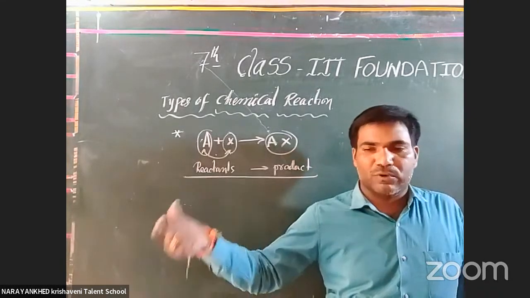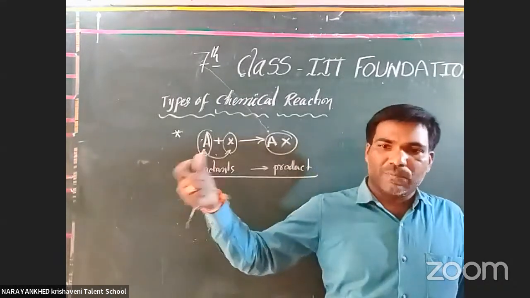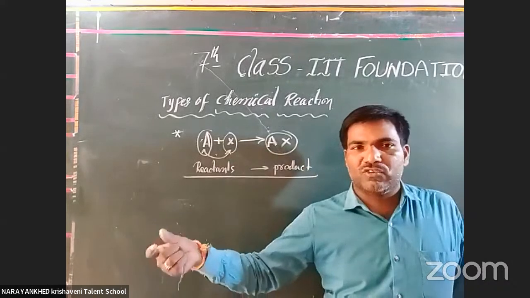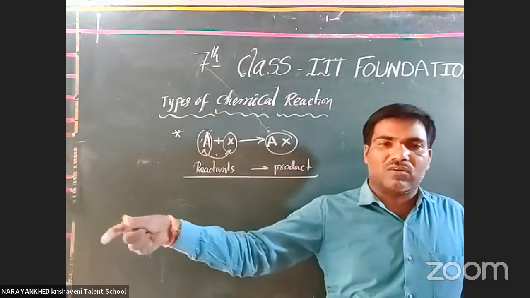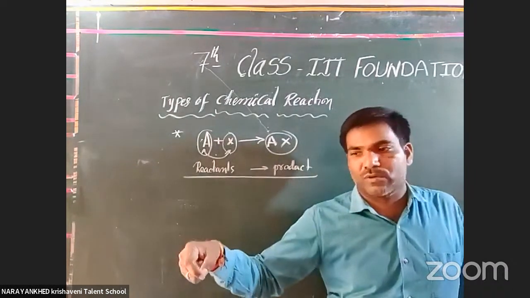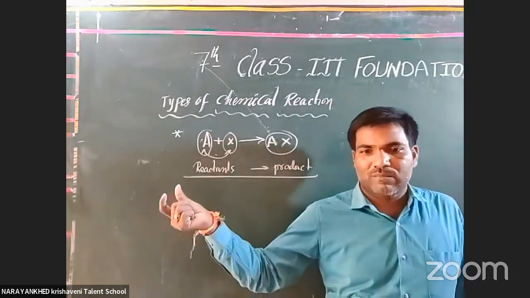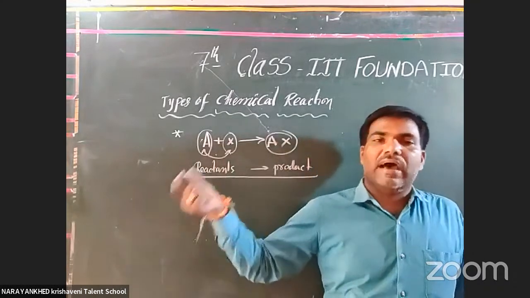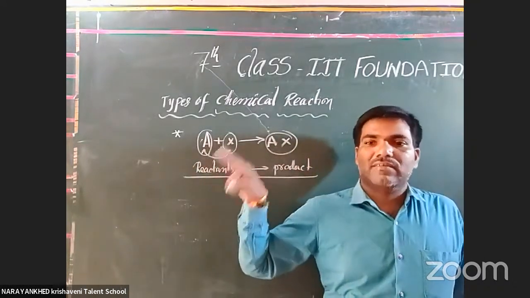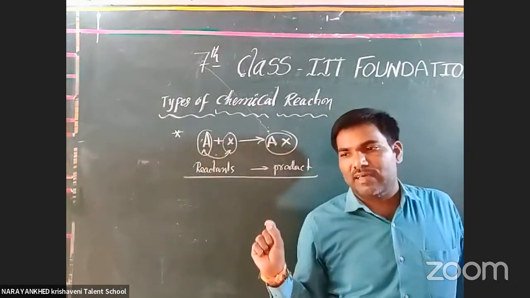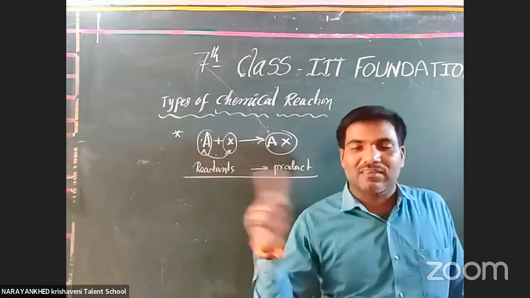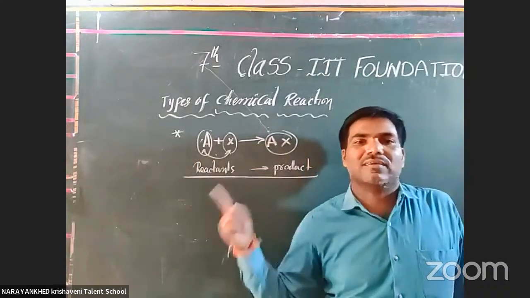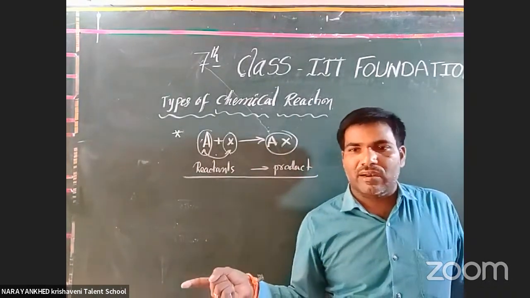Some starch is also produced. In that, new substances are formed, glucose or fructose, these sugars, and the presence of sunlight is also there. All these things are energy exchanges. Light energy is exchanged. Okay, clear or not?